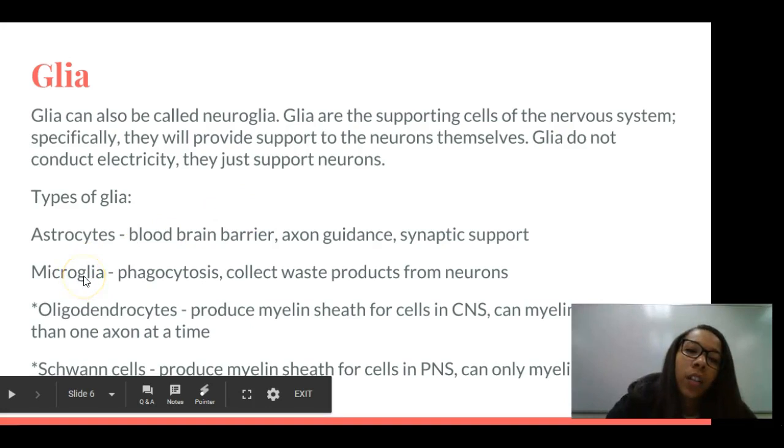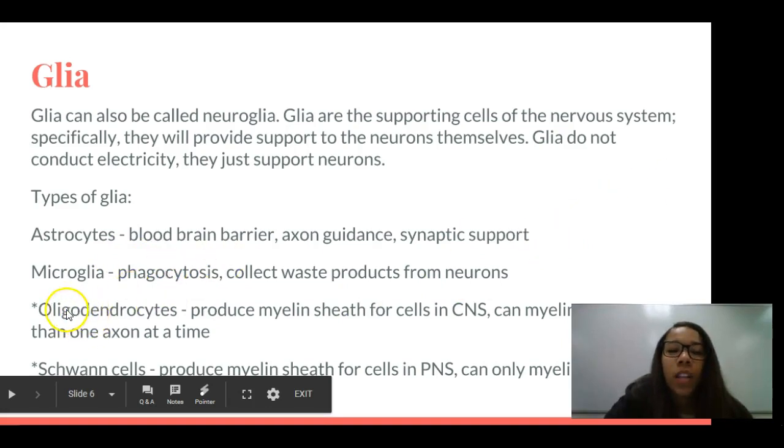Microglia, they're just your custodians. They are going to collect waste products from neurons. I wrote the term phagocytosis because that is the mechanism they use to clean up the waste products of the neurons, meaning they're going to eat and digest the waste products of the neurons.